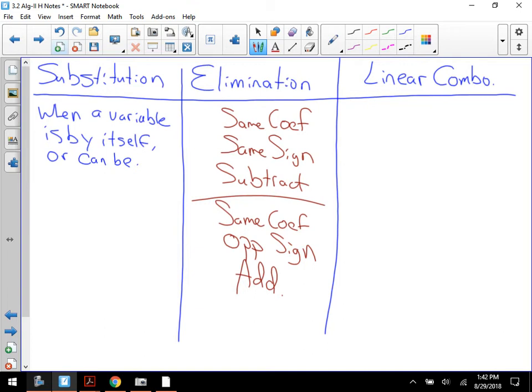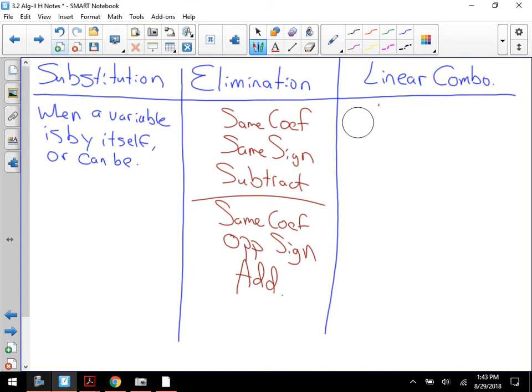And then the last one is the idea of all else fails. You want to multiply by some common value to create elimination. So linear combination is the multiply, and when I say multiply, I can multiply everything by 2. I can multiply everything by a third. It's the same thing as dividing by 3. You can do any of that.